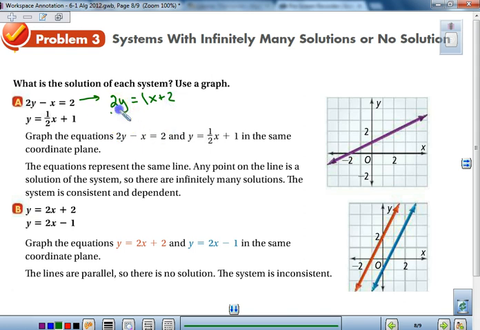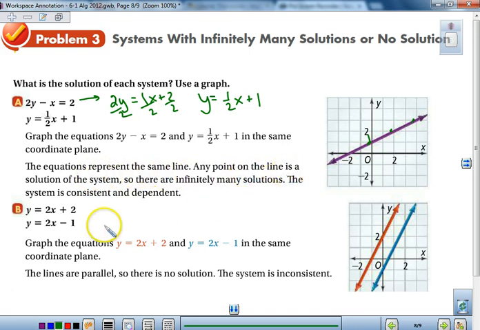Once you have that, we want to divide every term by 2, and our new equation would be y equals 1/2 x plus 1. And what you notice is that it's exactly the same as the second equation. So when we go to graph that, we start at +1, we have our up 1 and over 2, and we draw a line, and the second one is right on top of it. It says the two equations represent the same line.